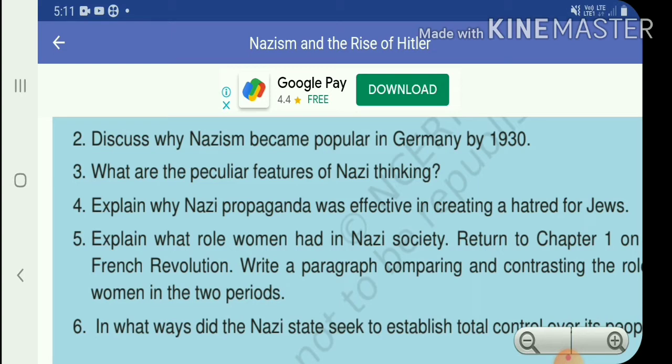It was in this background that Hitler would organize the fledgling National Socialist German Workers' Party, otherwise known as the Nazi Party, into a mass movement.